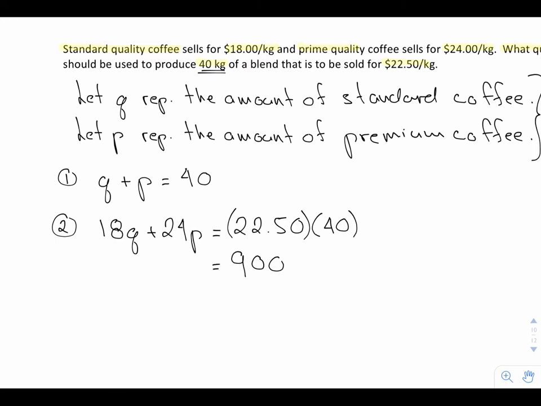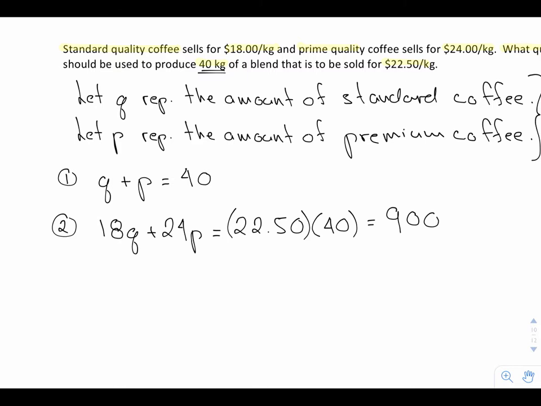So those are my two equations, and this middle step here, you want to include it so you understand what's going on, but in the end, you're omitting this and just equating these two together. But we'll leave it there so that you can see how I obtain the 900.